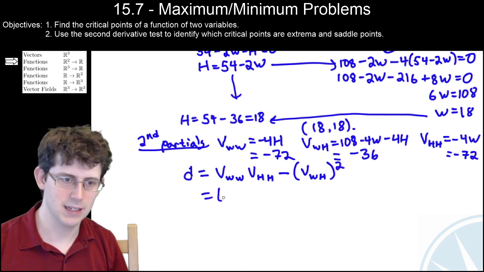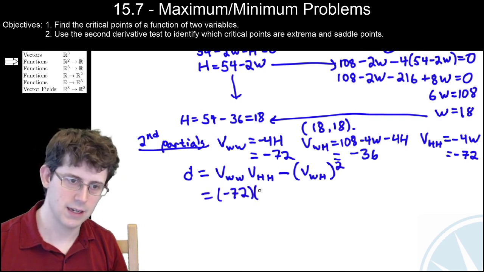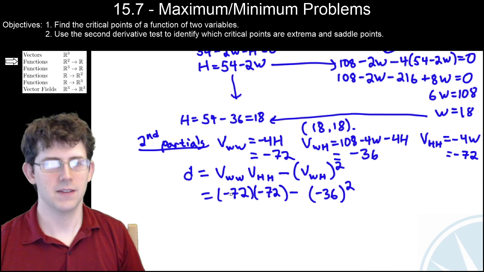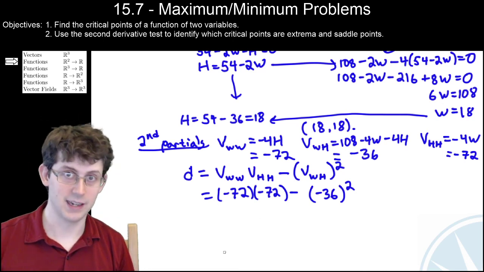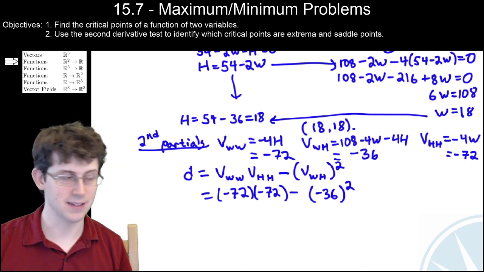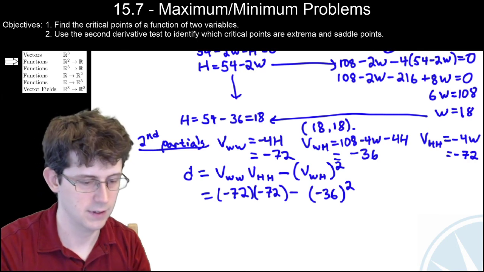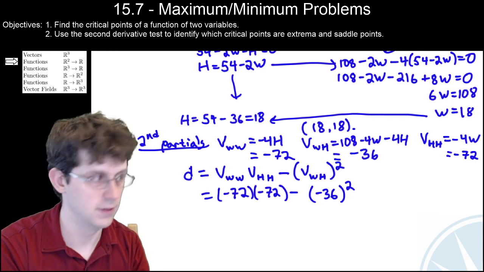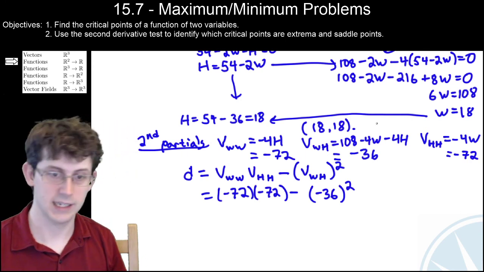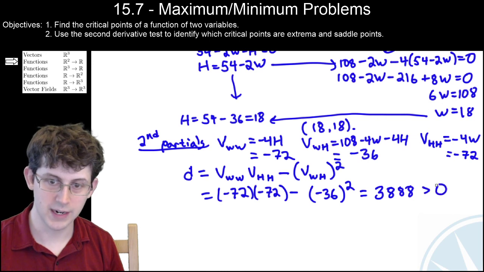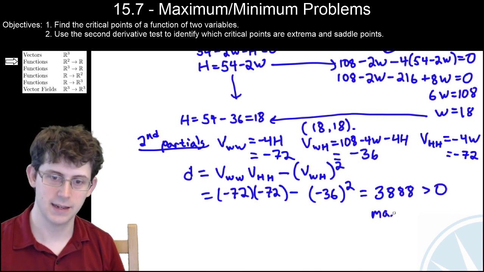So it's negative 72 times negative 72 minus negative 36 squared. If this D comes out positive, then it's a max or a min. If the D comes out negative, it's a saddle point. This looks like it comes out to 3888. This is greater than 0, so it's a max or a min.